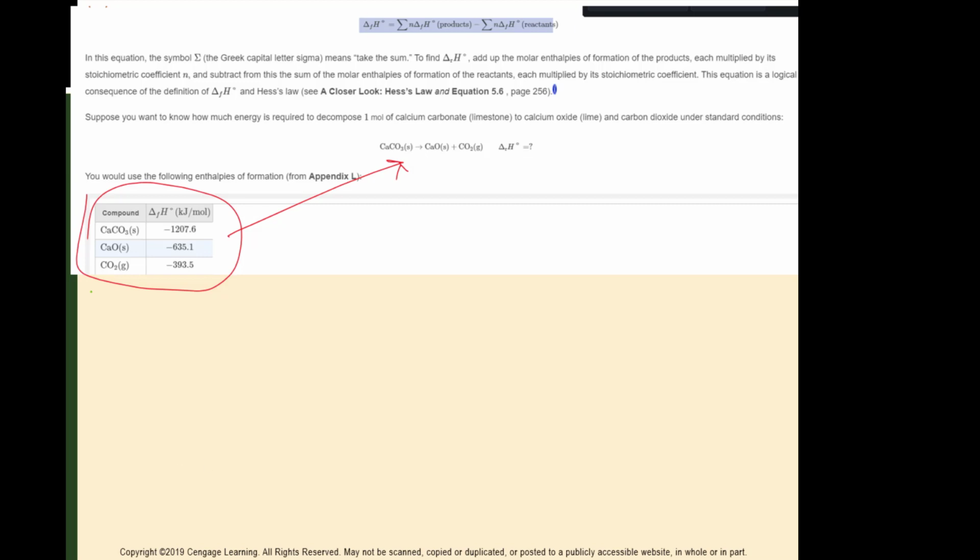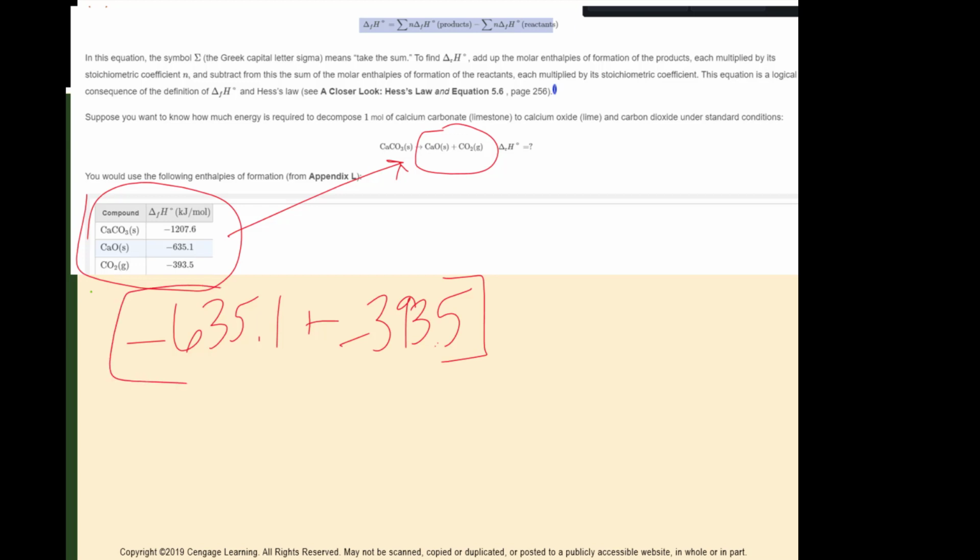So all we need to do is sum up the products. Here are our products. Calcium oxide, there's only 1 mole of it, so I'm going to take my calcium oxide, which is negative 635.1, plus my carbon dioxide, which is negative 393.5. There's only 1 mole of each of those, so I'm multiplying these by 1.